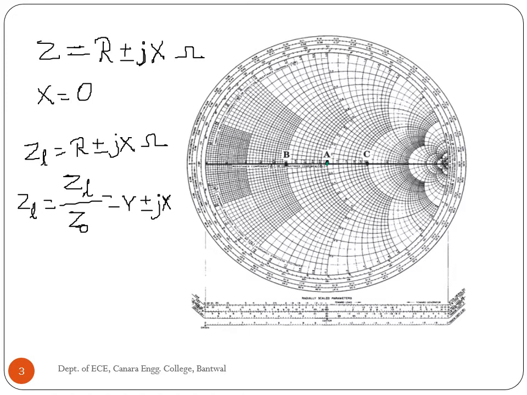This is the center of the chart, denoted as O. This value derives from Z0 divided by Z0, which is equal to 1.0.